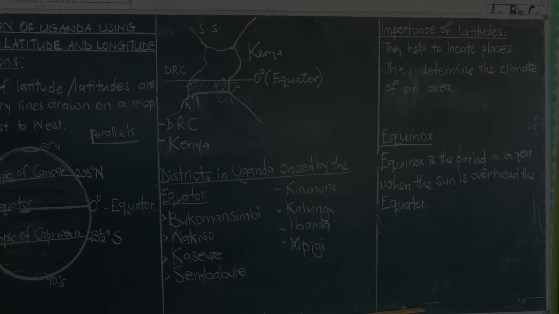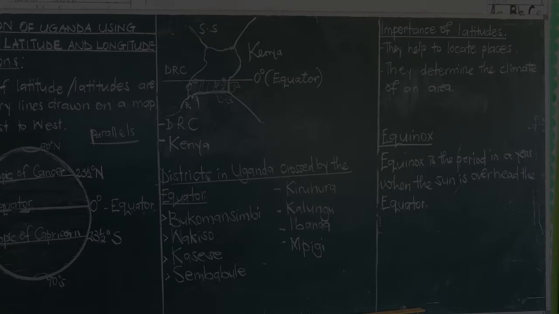Now, we shall also be able to know that this line was also given the name Greenwich because it passes a town in England that is called Greenwich Town. That's why it's given the name Greenwich. So we need to understand that.